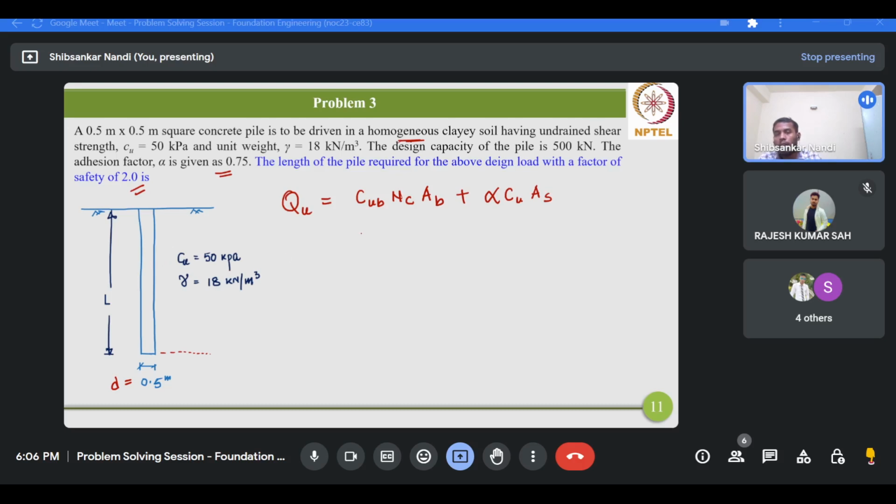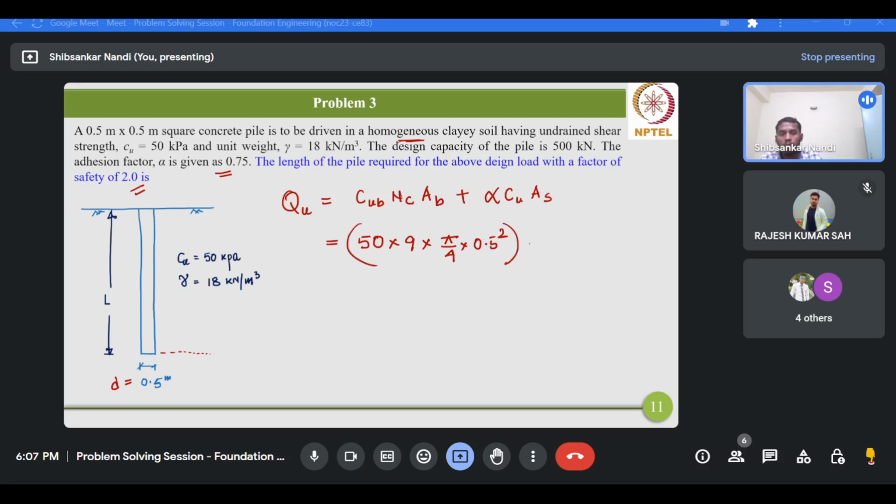Now we'll start calculating this ultimate resistance. So this C_ub, the cohesion at the pile tip, is again 50 kPa. So 50 times N_c, which is 9, times pi by 4 into D square, where D square is 0.5 square.